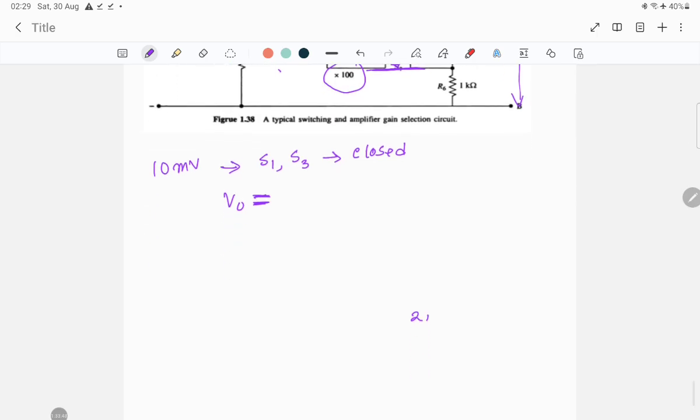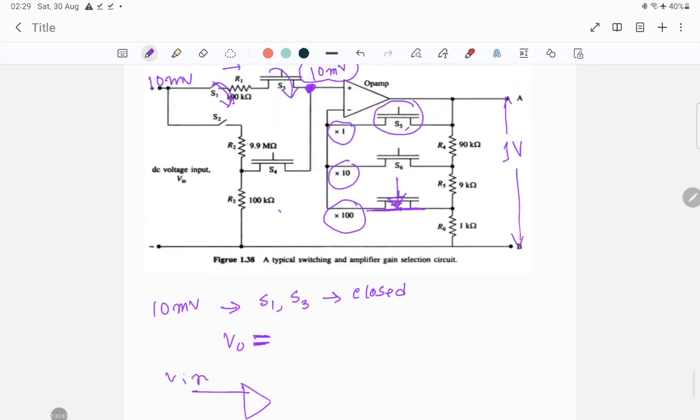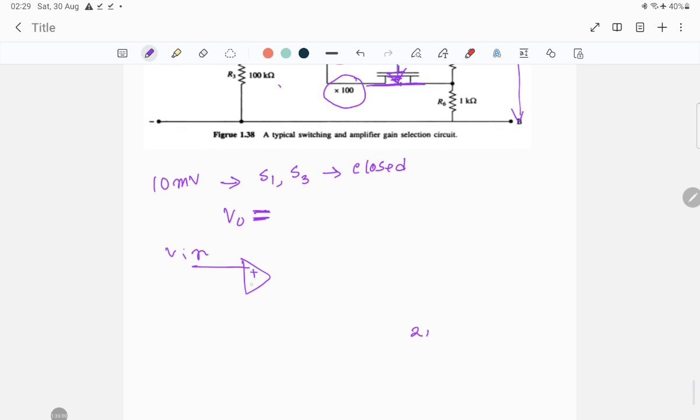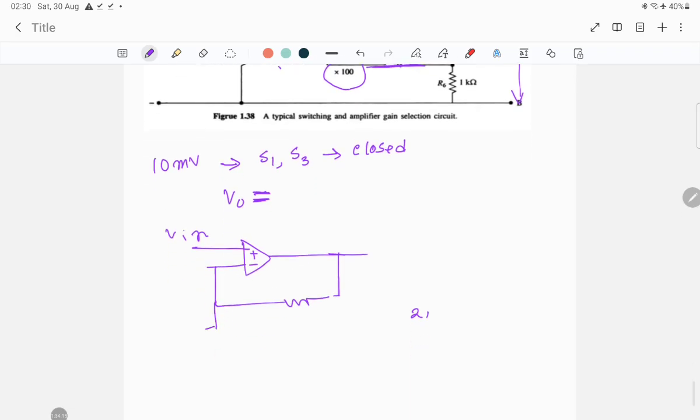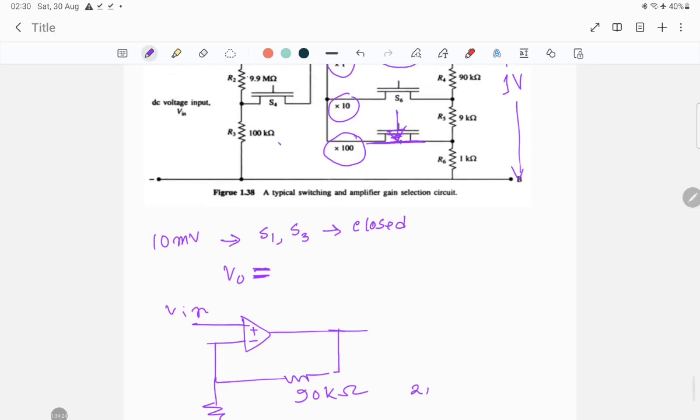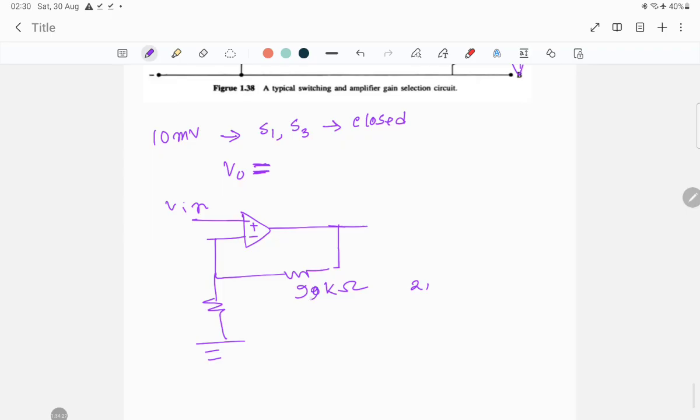So what will the circuit diagram look like at that time? Suppose this is the V in, then over here it will look something like this. At this time there is 90 kilo ohm, and over here, sorry, you will have 99 kilo ohm, and over here you will have 1 kilo ohm.